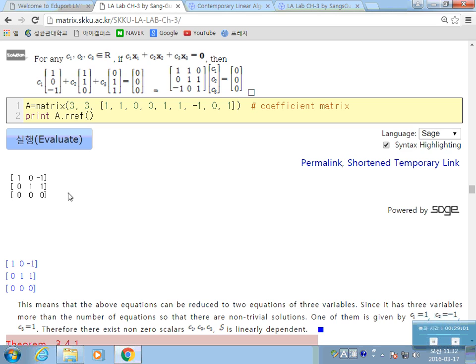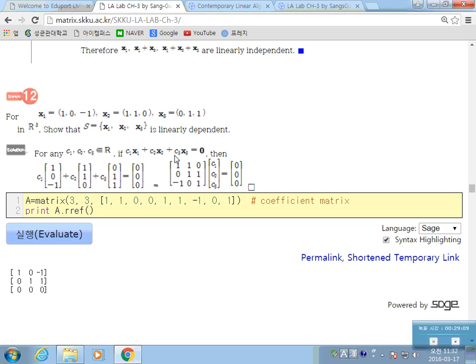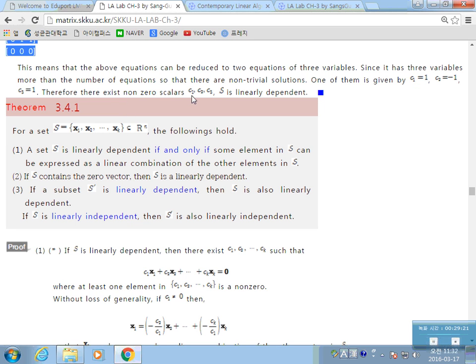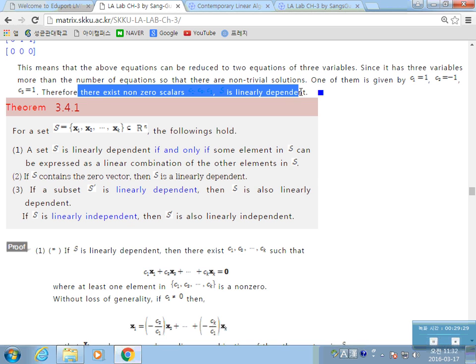There are some c1, c2, c3 which are not 0 that satisfy this, which means it cannot be linearly independent. So this shows it is linearly dependent. For example, if we choose c1, c2, c3 like this, then there exists a non-zero scalar combination, so that means S is linearly dependent.